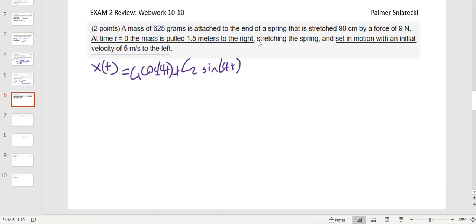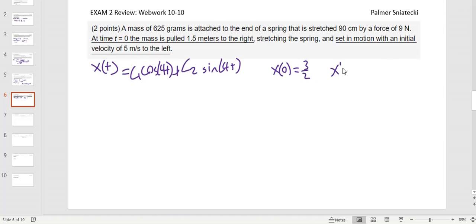At t equals 0, the mass is going to be pulled 1.5 meters to the right. If we make right positive, then we'll make 1.5 positive. Since this is going to be moving the opposite direction, to the left, we'll make this negative. It's getting stretched out to the right, so we'll make that the positive direction. So at x of 0, it's going to be equal to 1.5 or 3 halves.